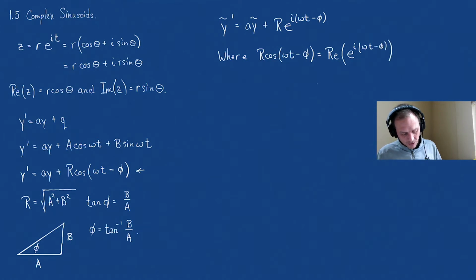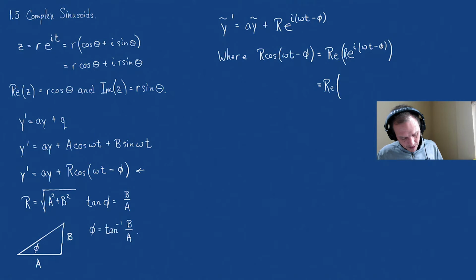And if you still struggle, we can expand this. It's the real component of, if we expand this, cosine. Oh, whoops, I forgot my capital R in there. Capital R.